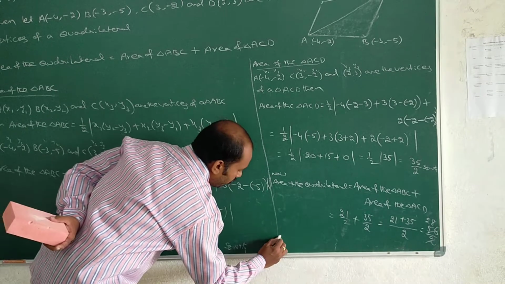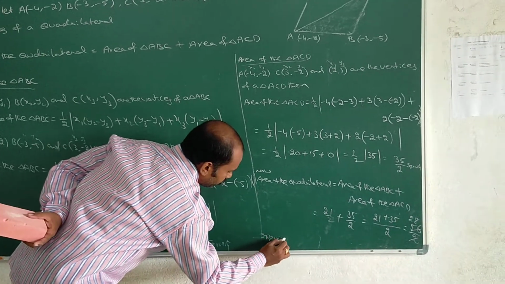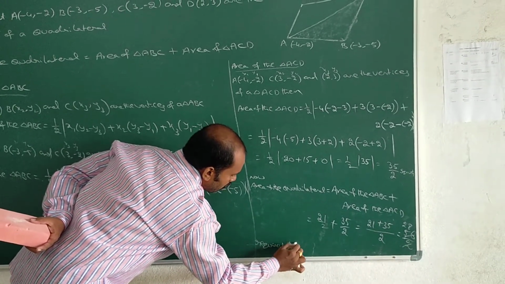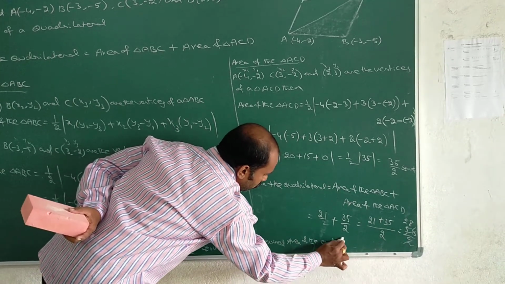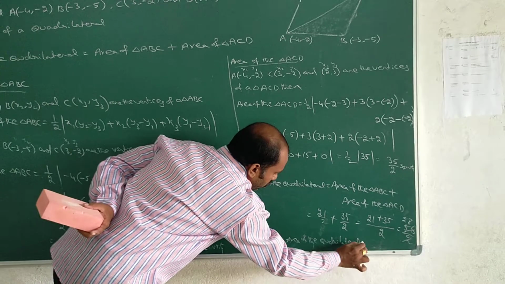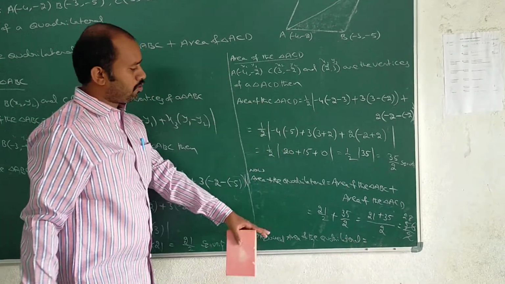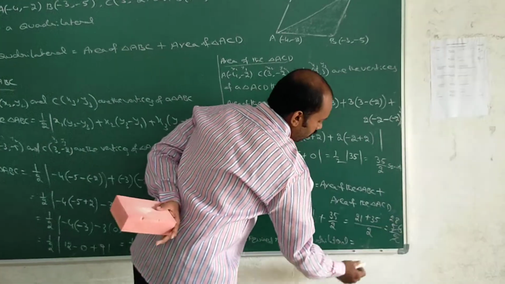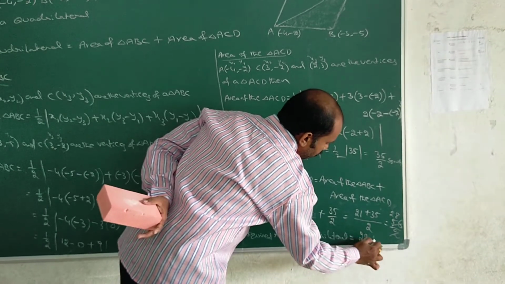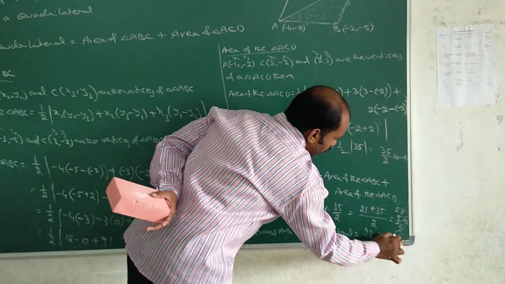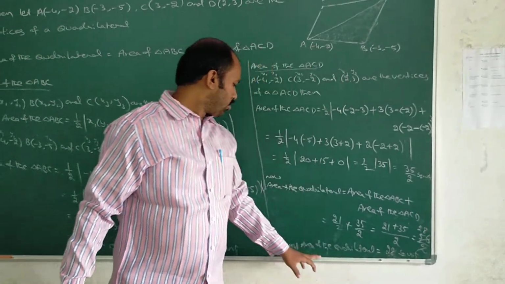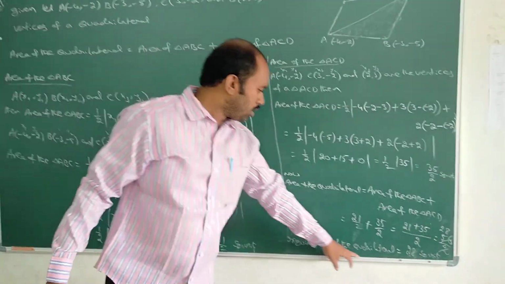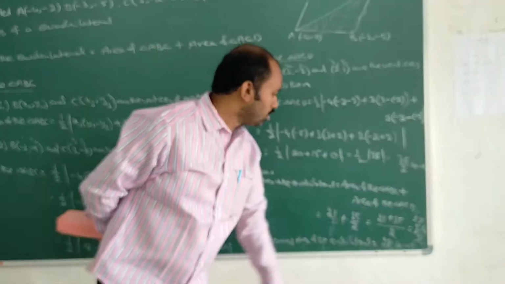Now you write the required area of the quadrilateral: you get 28. So 28 square units, because area is mentioned in square units. You write: the required area of the quadrilateral is 28 square units.